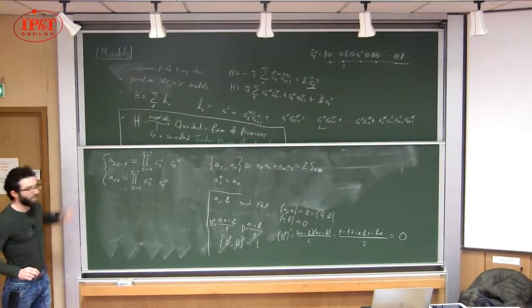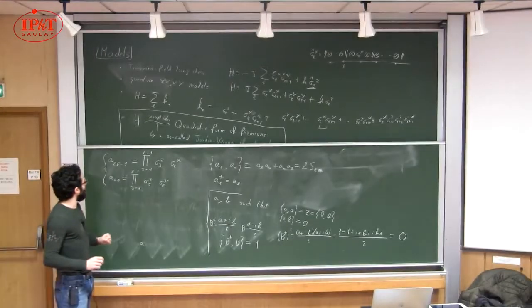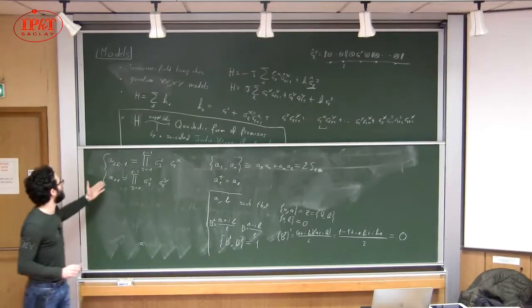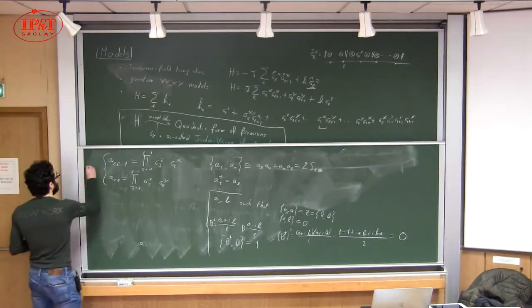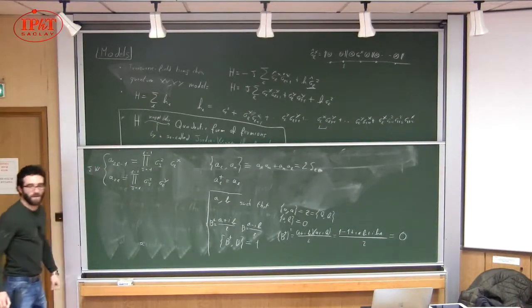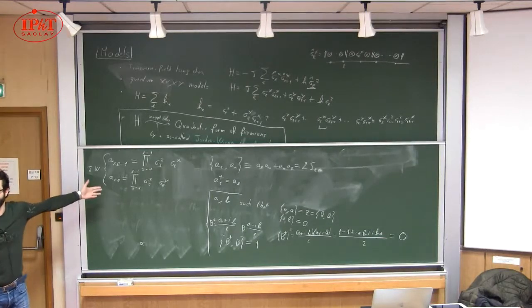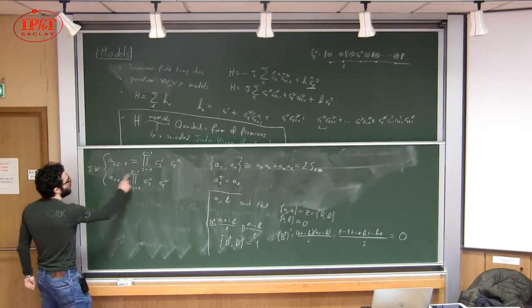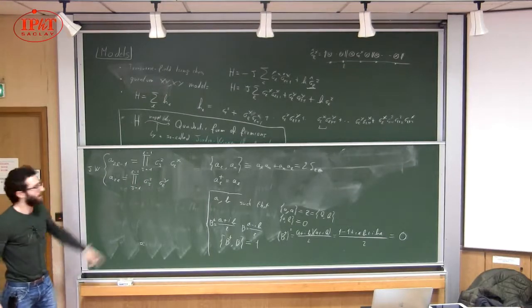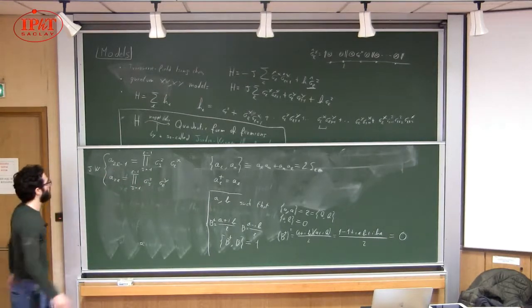So we define this operator, and now this is the Jordan-Wigner transformation. Let's also write the inverse transformation. If you want to express the Pauli matrices in terms of the operators A, what do we have?